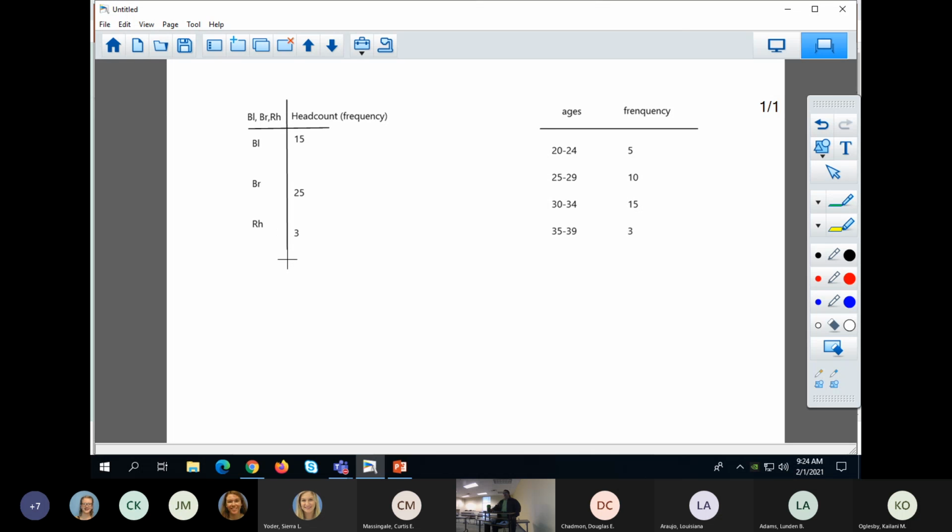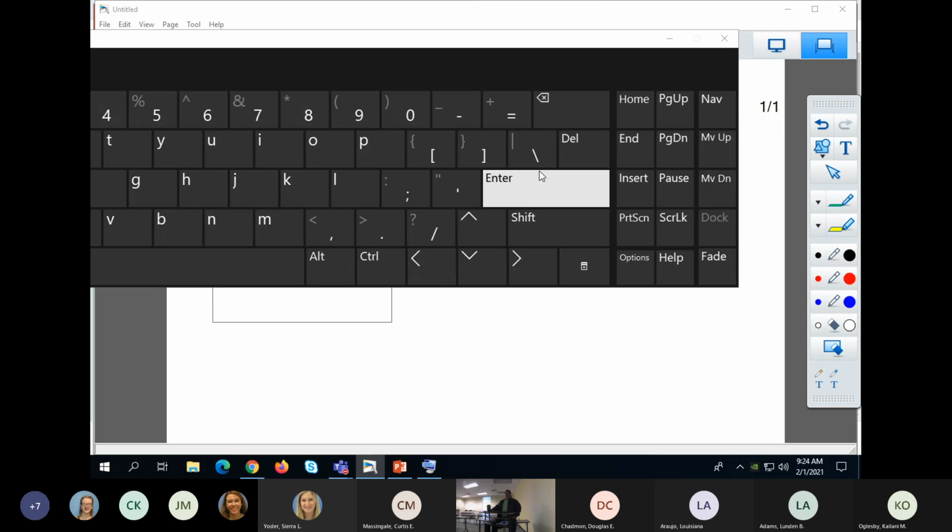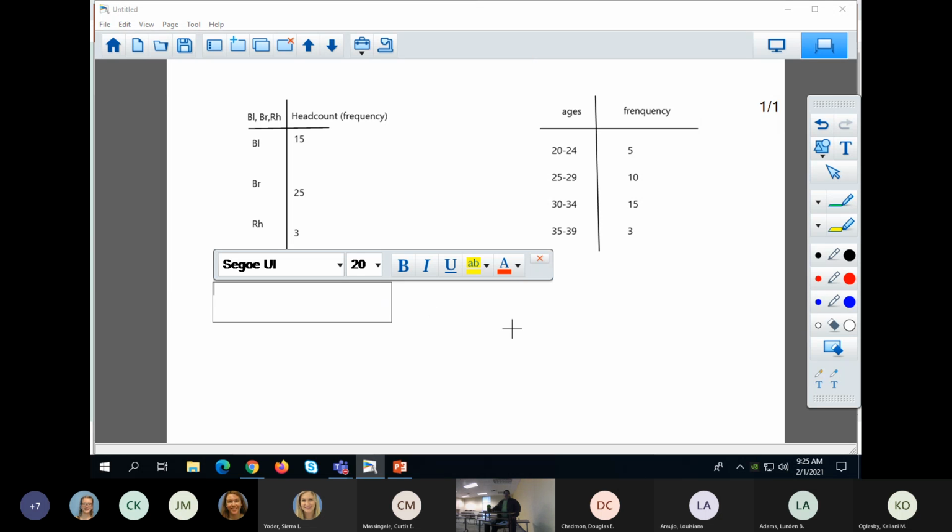Does anybody know what question I'm going to ask? I'm going to ask you, what's the difference between the two frequency distributions? That means I want y'all to interact with me.